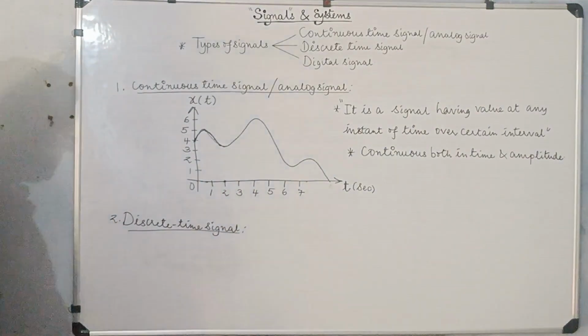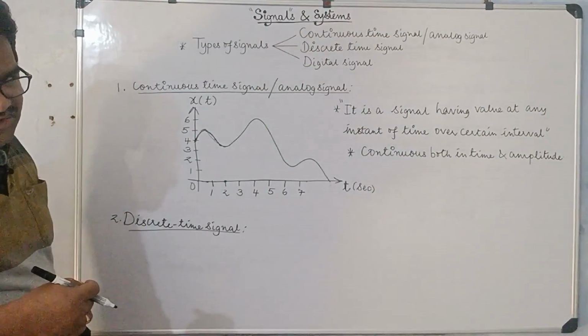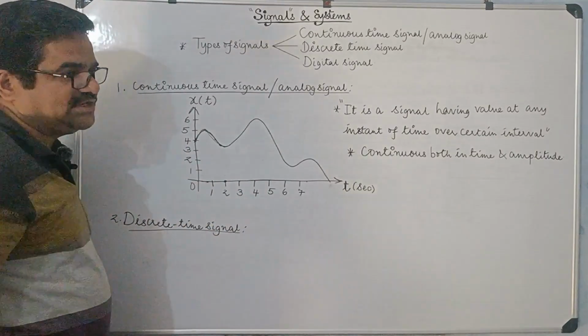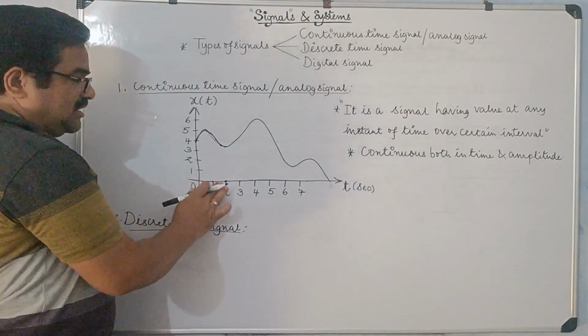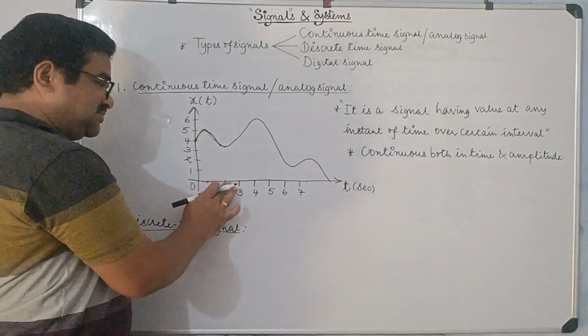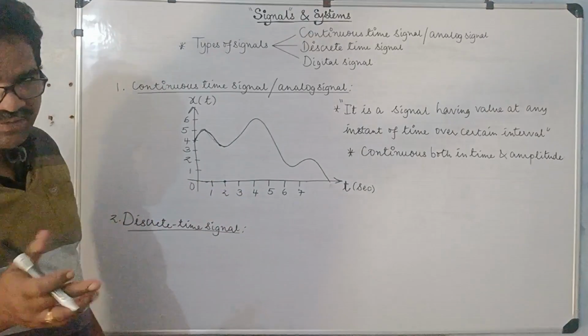Okay, that means I am taking the samples of the signal. Let us say I am taking the amplitude of the signal at 0 seconds, and next I am taking at 1 second, then at 2 seconds, at 3 seconds, and so on. Between 0 and 1, I am not bothered.